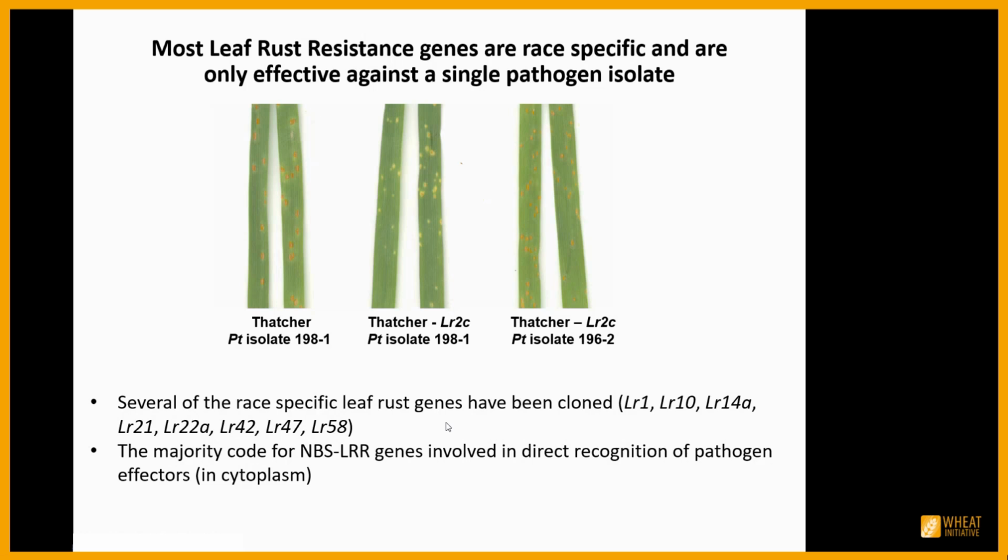For that, it is important that we also try to clone these effectors, to help understand the interaction and to assess the effectiveness of these resistances. If the isolates change in the populations, what is their prevalence, how often do they change, and what's the risk?